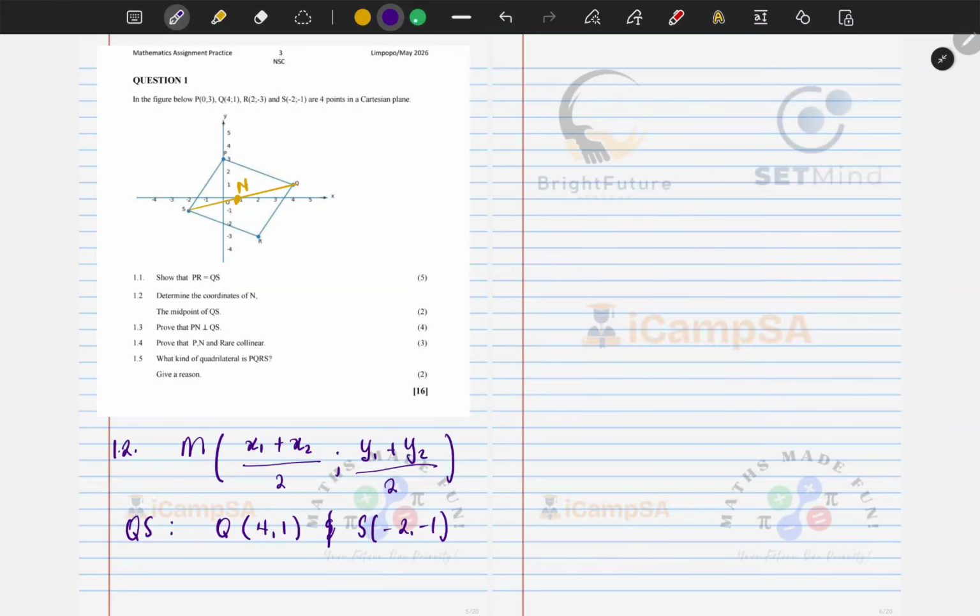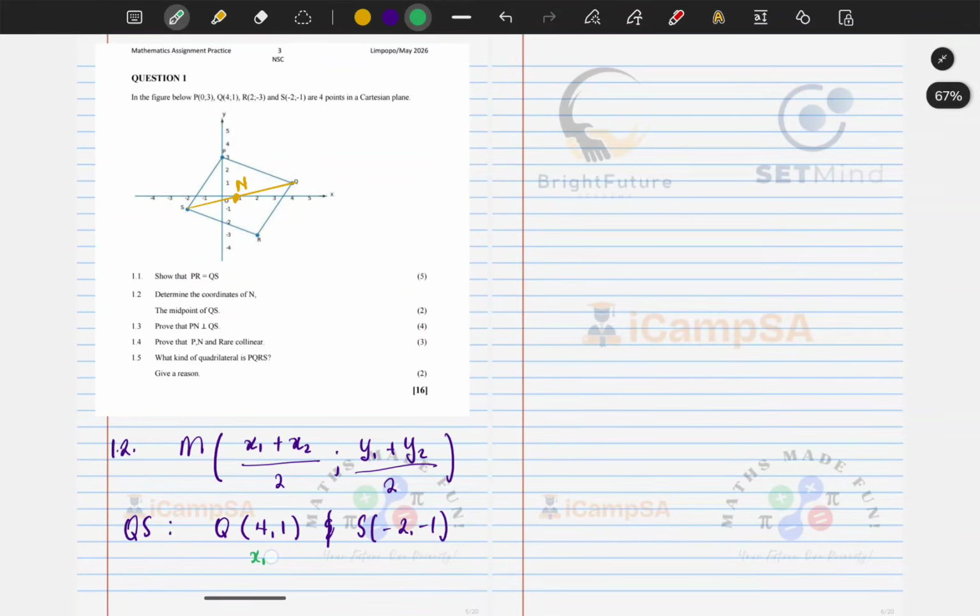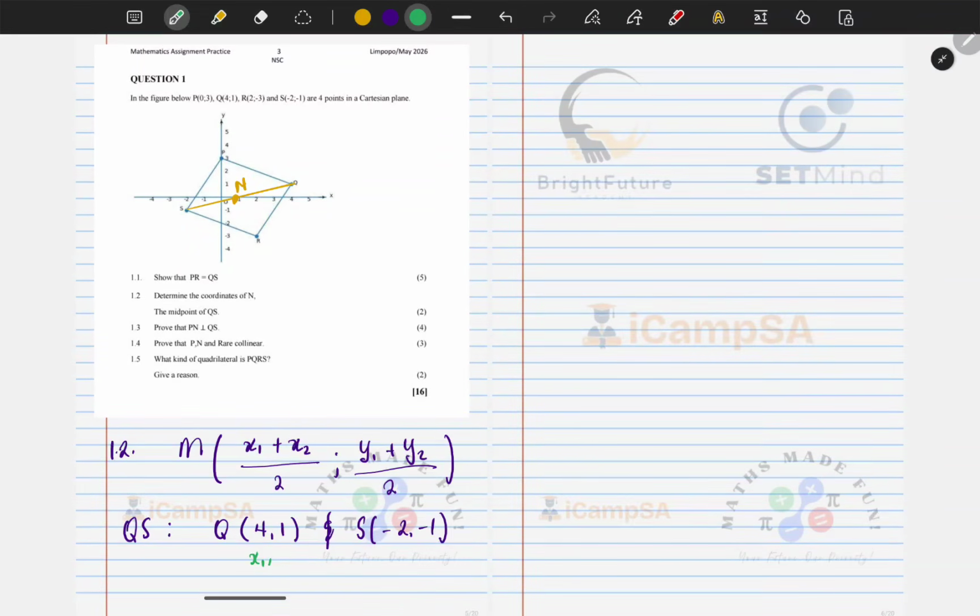From here, we can say this is going to be our x1, y1, and this is going to be x2, y2. Great.